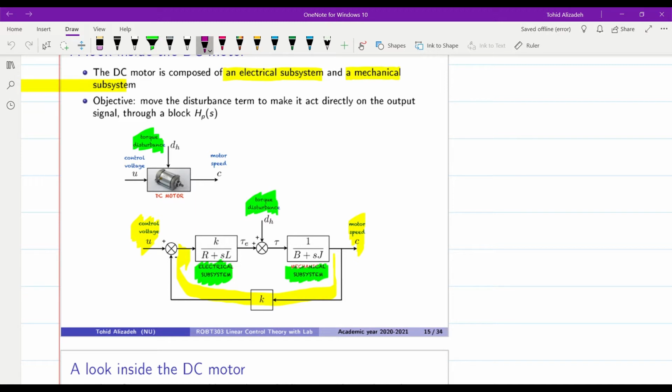And obviously we can see that currently it is not in this form. So we don't have the DC motor system having the disturbance in the form of some additive term at its output.